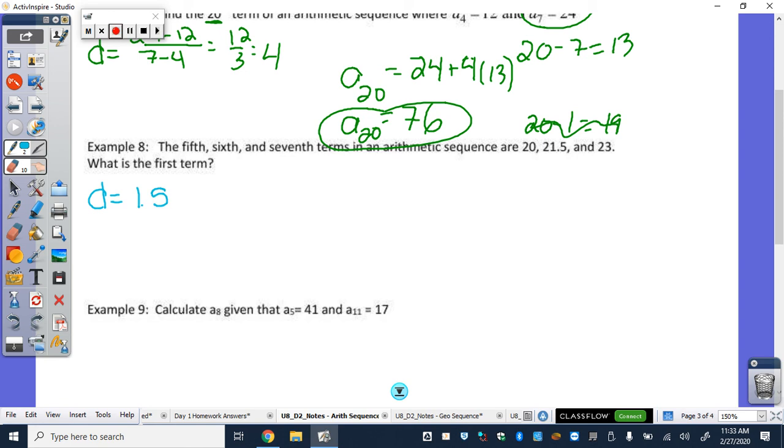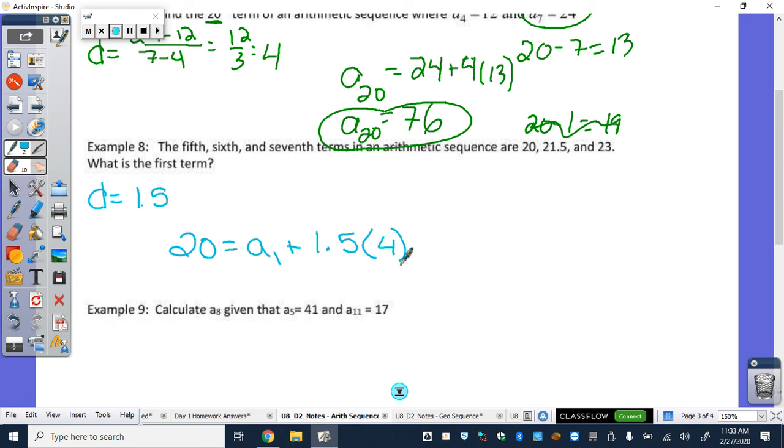So then to get my first term, I get to pick. Do we want to use our fifth, our sixth, or our seventh term? All right, we'll use our fifth term. So 20 equals, I'm just plugging into my formula up above. I don't know my a sub 1. That's what we're trying to find. We just found our common difference to be 1.5.